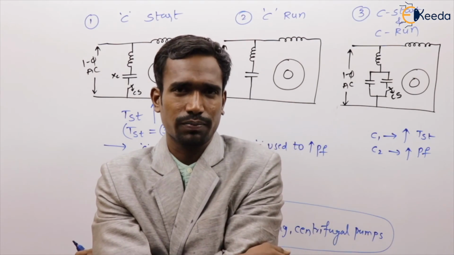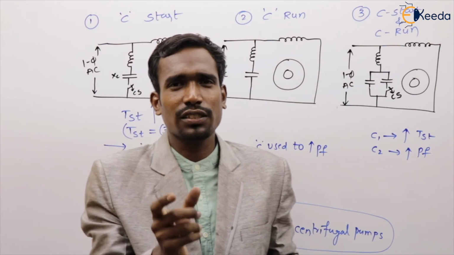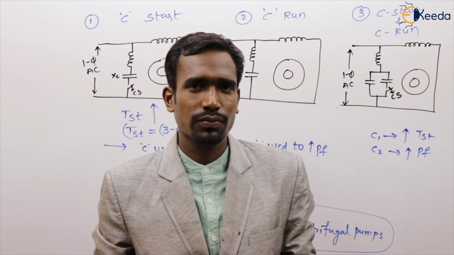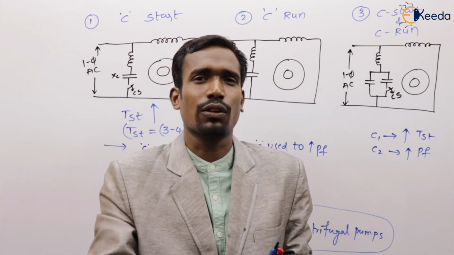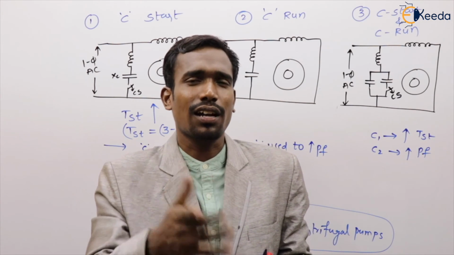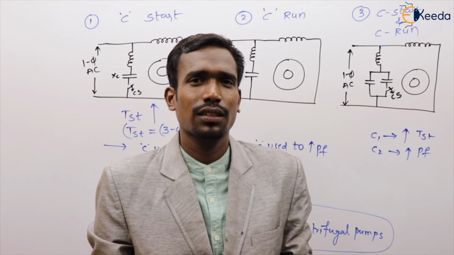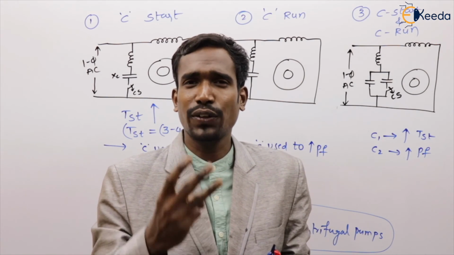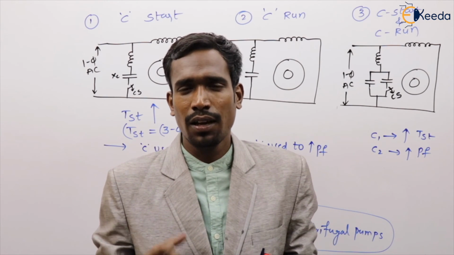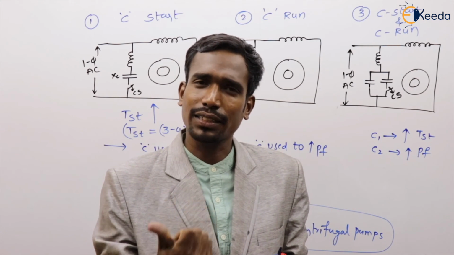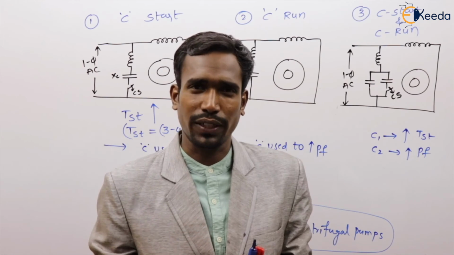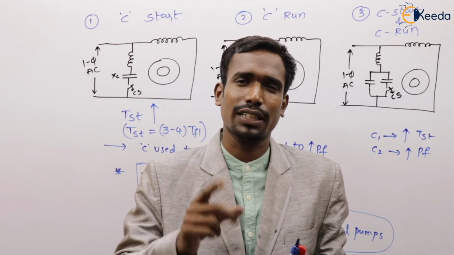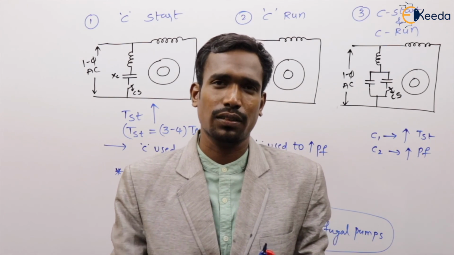In that, first double revolving theory, in that equivalent circuit, the formula for backward torque and forward torque. Next, cross field theory, and split phase induction motors. Split phase induction motors are three types: resistance split phase, inductor split phase, capacitor split phase. Capacitor split phase again three types: capacitor start, capacitor run, capacitor start and capacitor run.